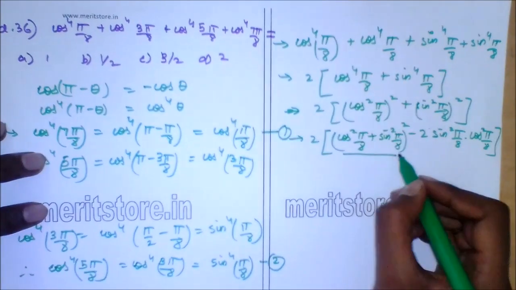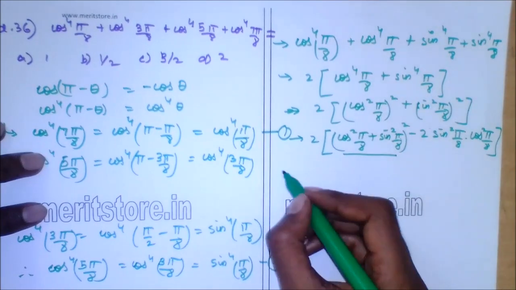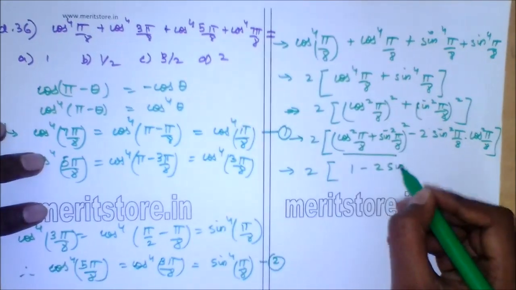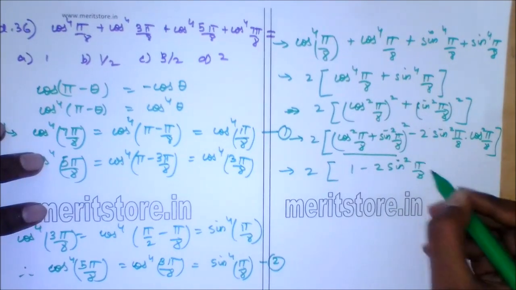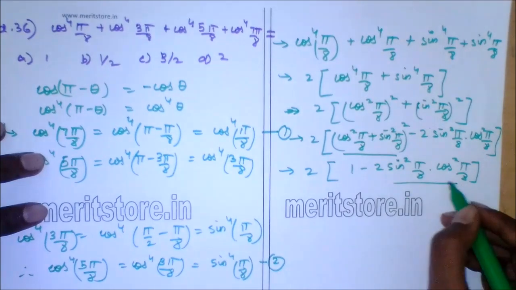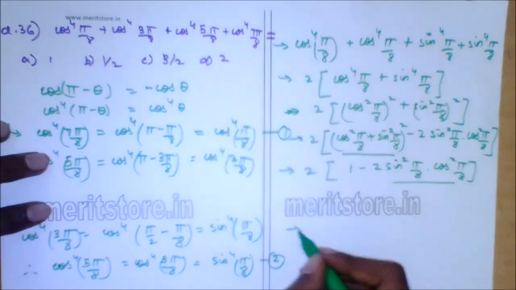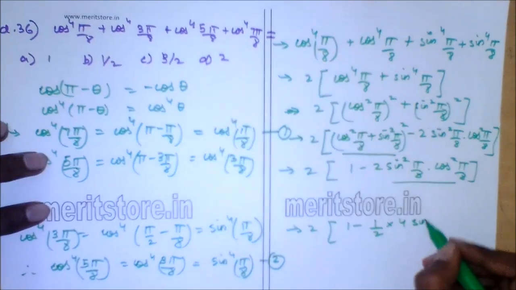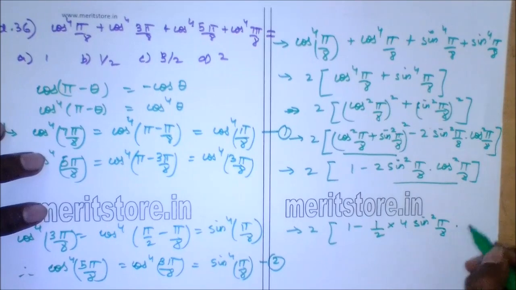Now cos square pi by 8 plus sin square pi by 8 is 1. So this is 2 times 1 minus 2 into sin square pi by 8 into cos square pi by 8. Now in this term we divide and multiply by 2. So we get 2 times 1 minus half into 4 sin square pi by 8 into cos square pi by 8.